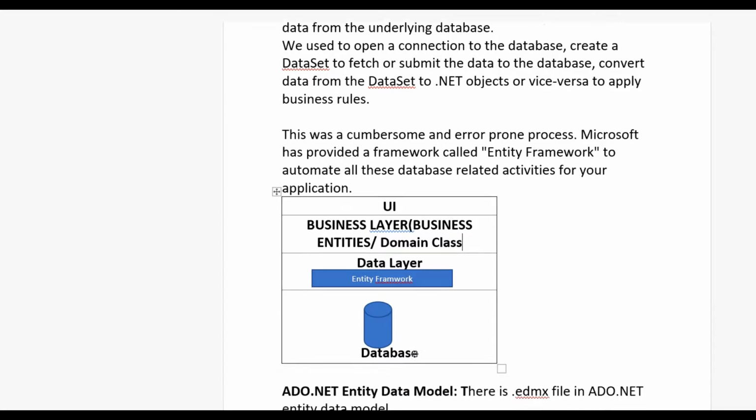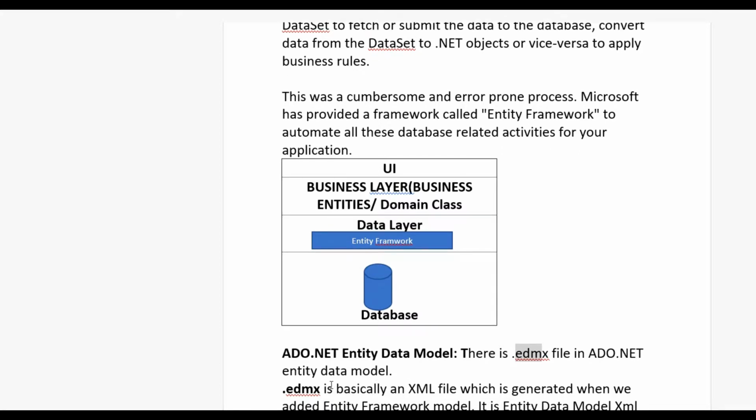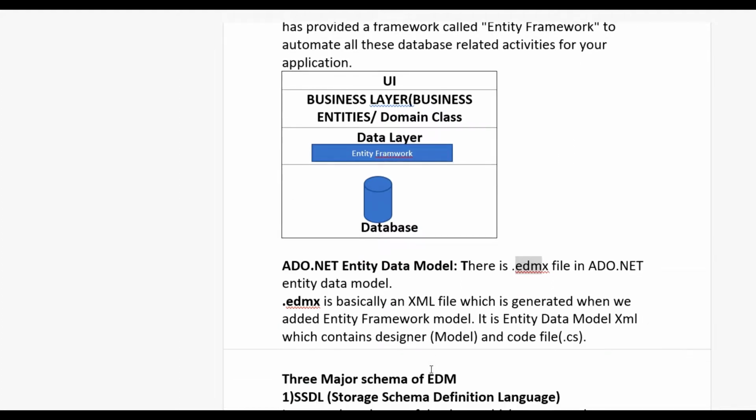After that, the ADO.NET entity data model. There is an EDMX file in the ADO.NET entity data model. EDMX is basically an XML file which is generated when we add an Entity Framework model. It is entity data model XML which contains the design model and code file.